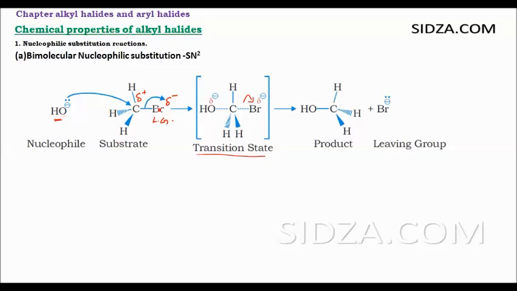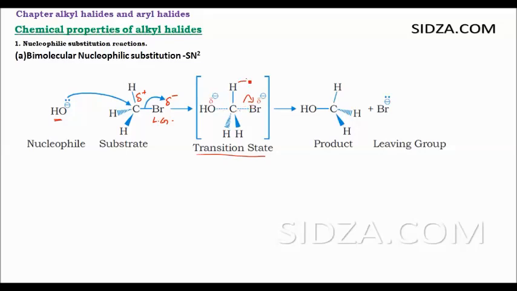In the transition state, when the hydroxide group approaches the carbon, the bond formation starts between the carbon and the hydroxide. At the same time, the bond between the carbon and the bromine, the halogen, starts breaking. Finally, when the bromine is lost, hydroxide forms the bond.